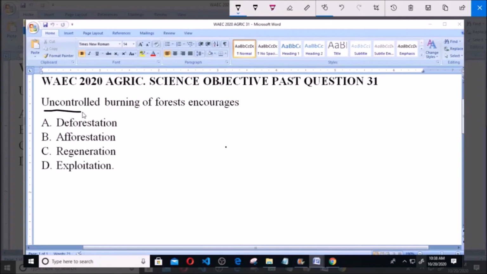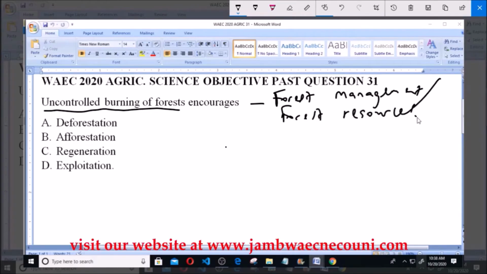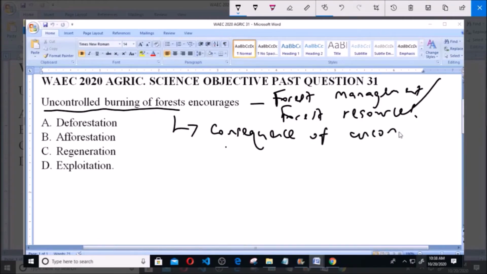uncontrolled burning of forest is basically one of the problems that is encountered in forest management, or management of forest resources. And we're basically asked, what happens as a consequence of uncontrolled burning of forests?